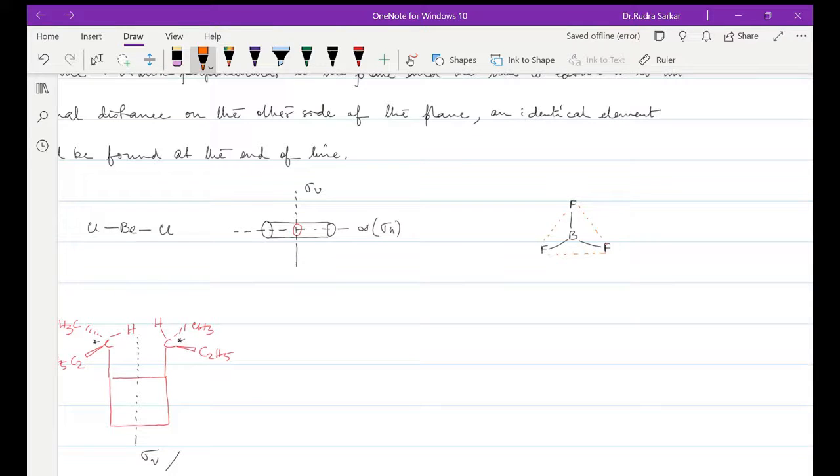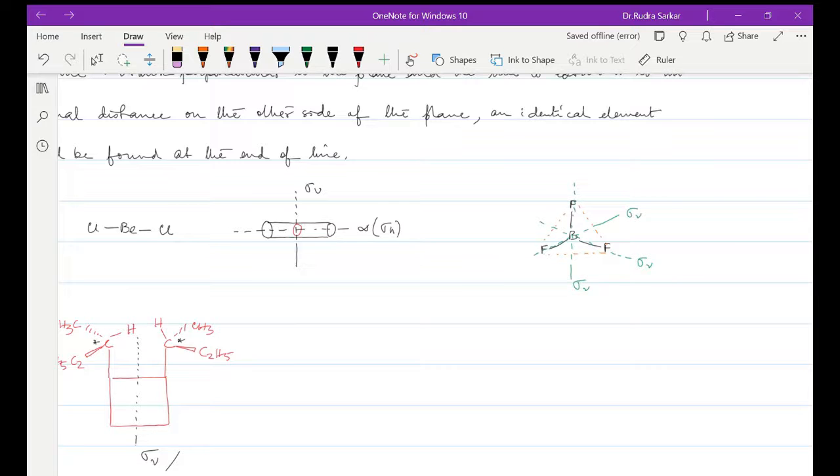Now you can think, I'm using this green dotted line, if you imagine the ball and stick diagram where you're considering each of these atoms to be spheres, there will be a plane of symmetry passing like that. So this is again your sigma v, there is another sigma v like that, there is another sigma v like that. So we're just using these molecules to understand the planes of symmetry that can be there in the molecule.